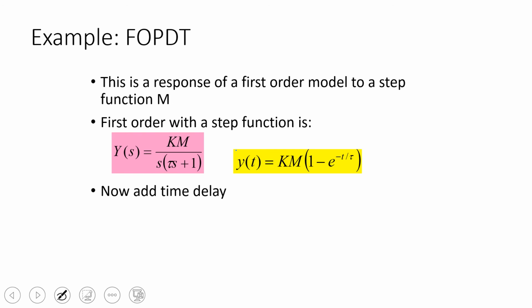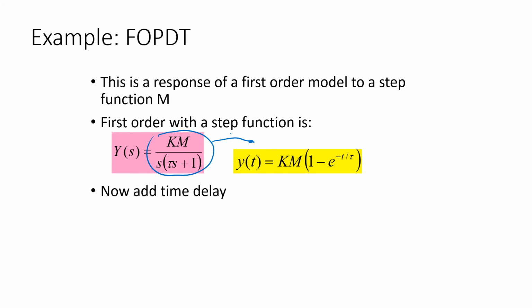So let's say we had this transfer function or this signal right here. That's K times M divided by s, divided by tau s plus 1. So just a simple first order system with a step input of magnitude M. And we already went over how to compute the analytic solution to that.